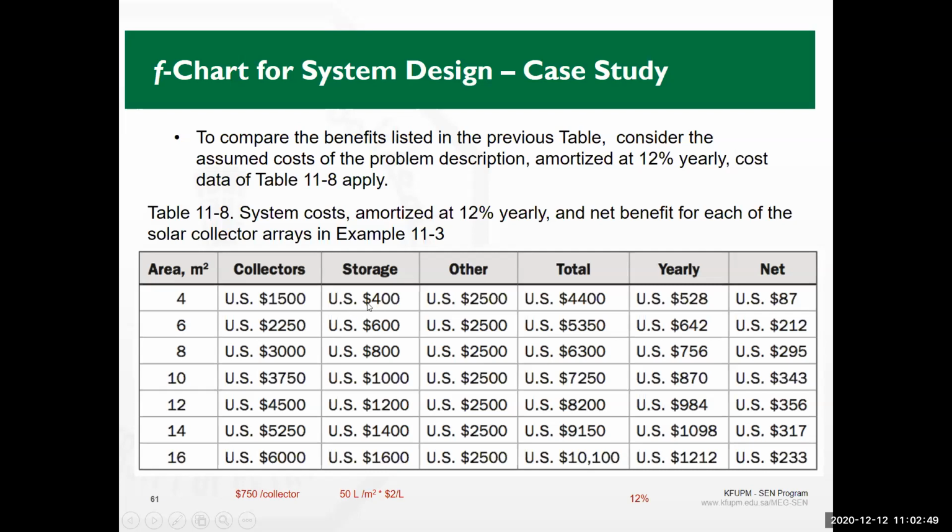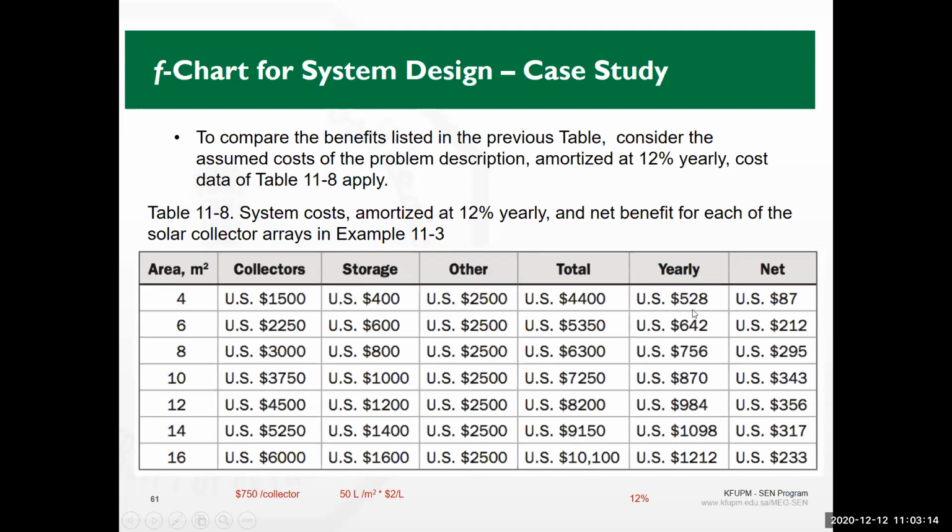This is the price of the storage. Remember the storage, they said that we are going to have $2 per liter, and we're assuming 50 liters per meter square. The meters square are here, multiply 4 by 50 by 2, then you are going to get these values as price for the storage. And there is a flat price for the installation and the pipings and the controls. So this is the total.